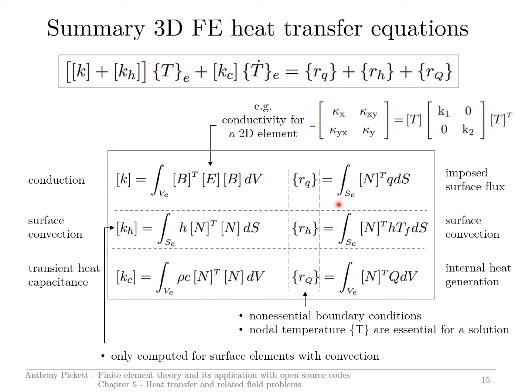We have a new vector here, which is actually very similar to this one. It is for imposed surface heat flux. So again, this is only computed at surfaces where you have an imposed surface flux. And these shape functions convert this value to nodal values.